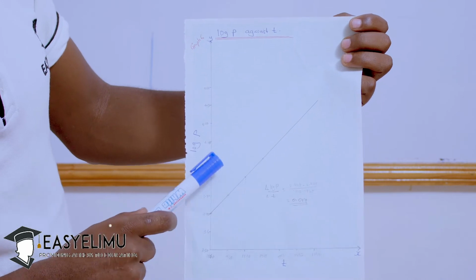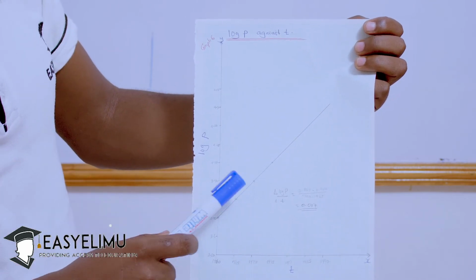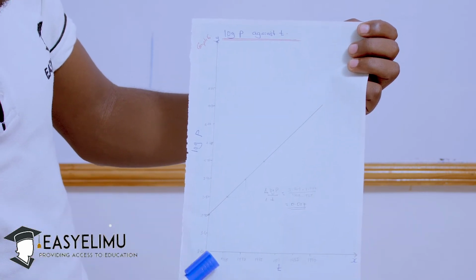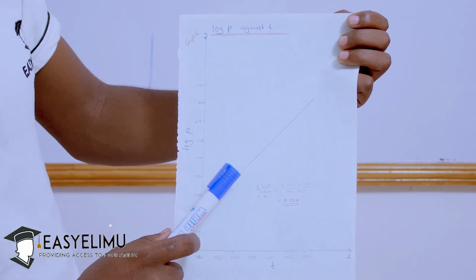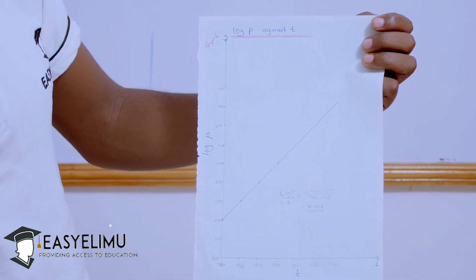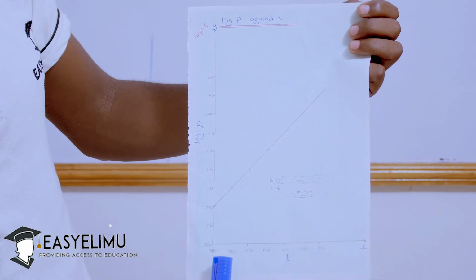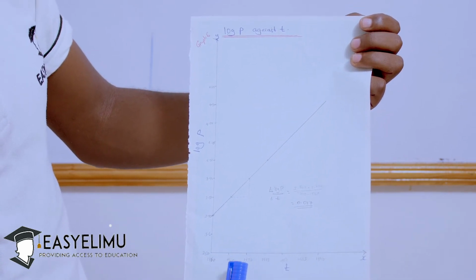So if you find the gradient of that graph, the gradient will be change in log p over change in time. At this section here, you will find the change in interval is 5 years.